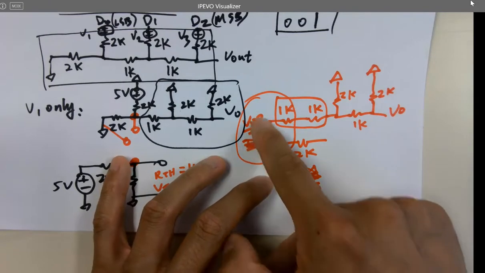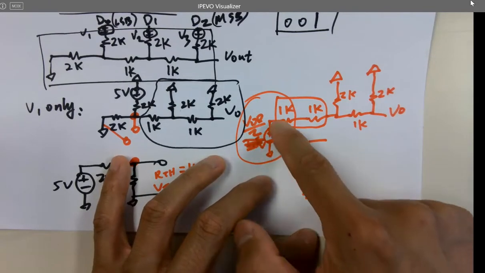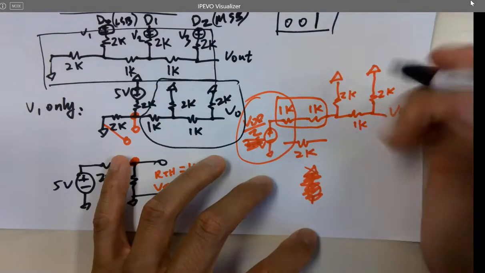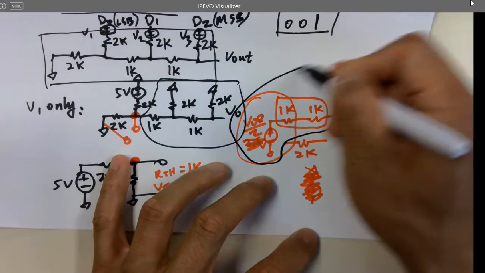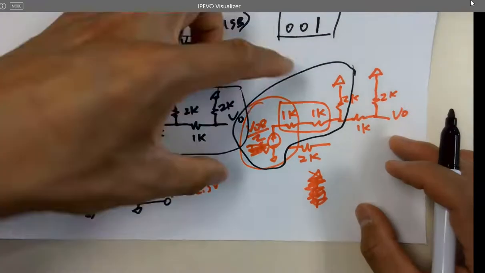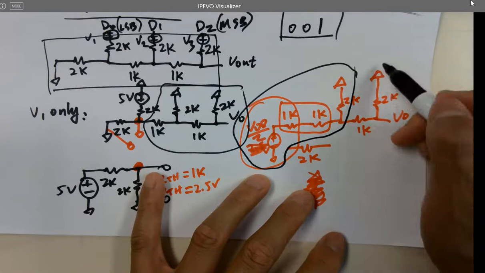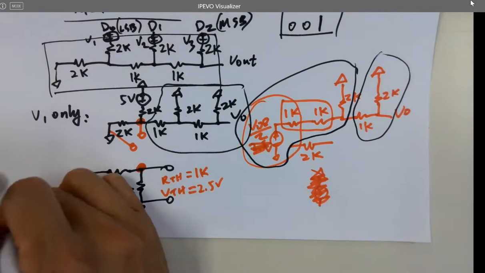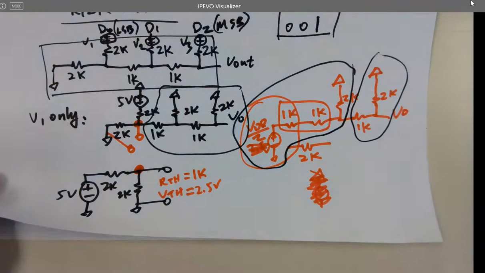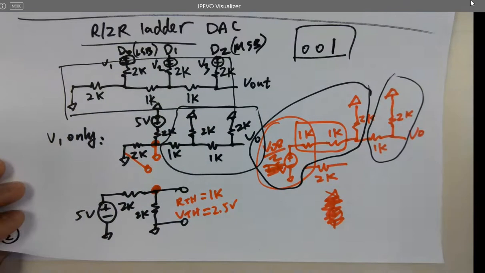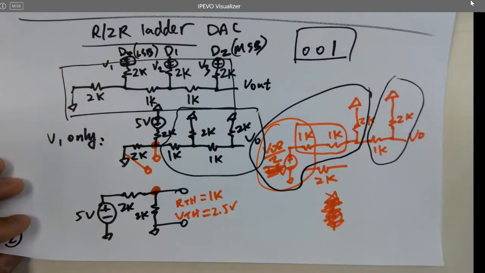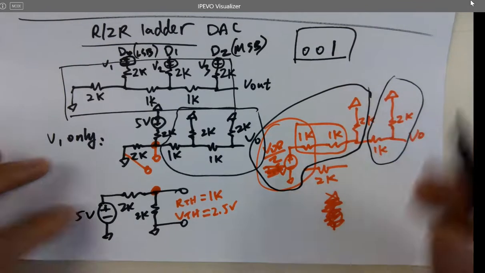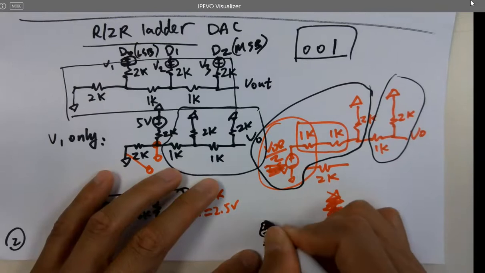You've got a VDD over 2 here, a 2K resistor here, and a 2K resistor here. Okay, and then you treat whatever is here as the power source, and this as a load. What's the equivalent circuit here?